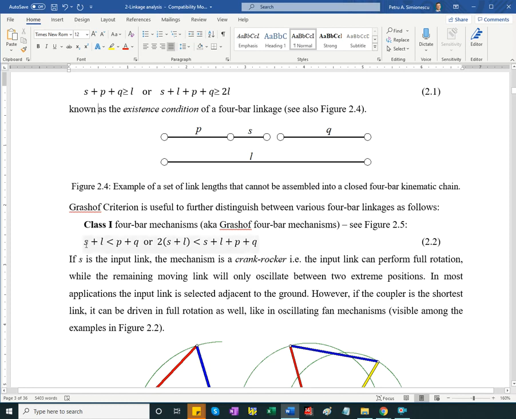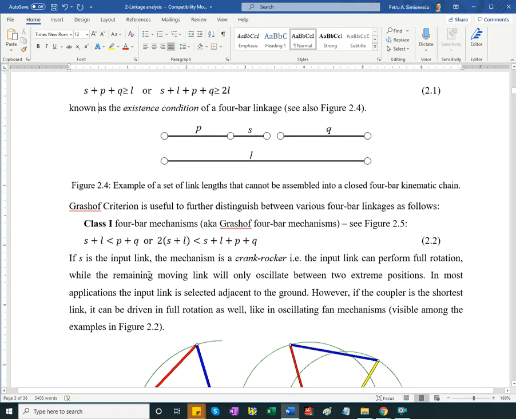If the sum of the shortest and longest link is less than the sum of the other two, or again making use of the sum of all links, just because this equation as well as this one are easier to put in Excel.